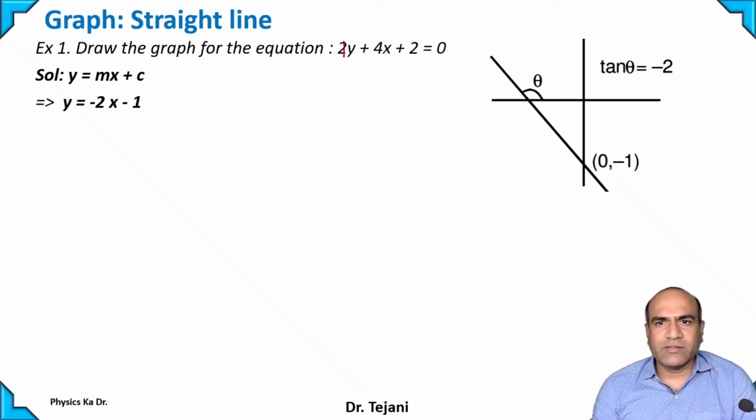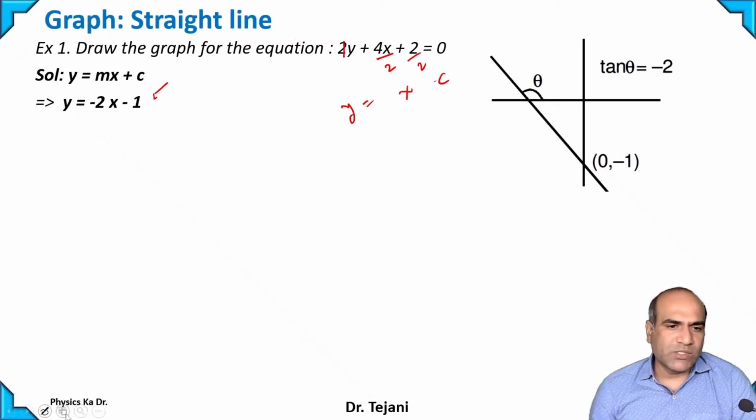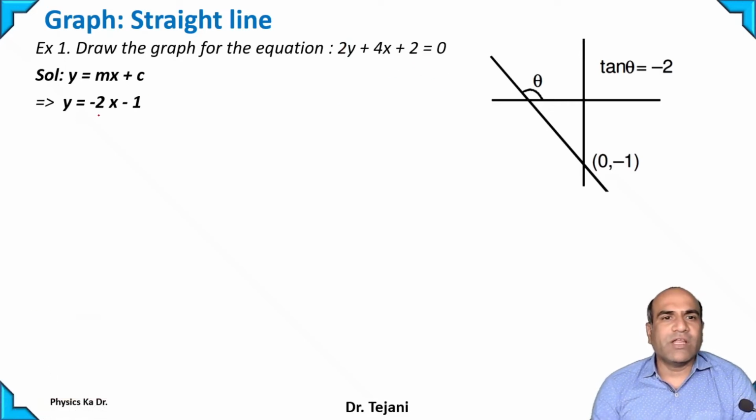Just divide this by 2, this by 2. So it becomes y is equal to something x, something c. The simplification is given here: y is equal to minus 2x minus 1. We know it very well. From that, can we identify the values?